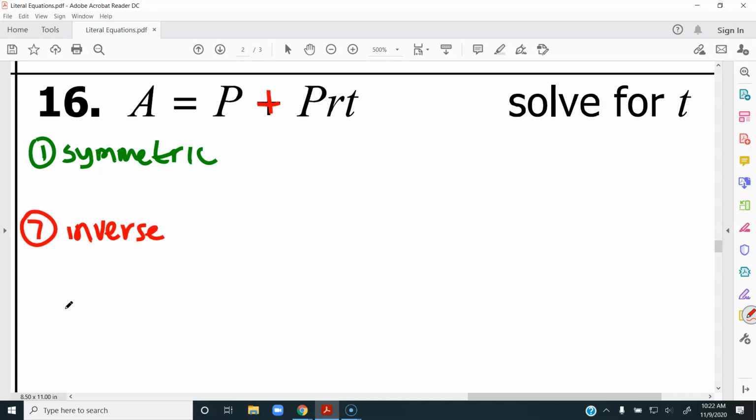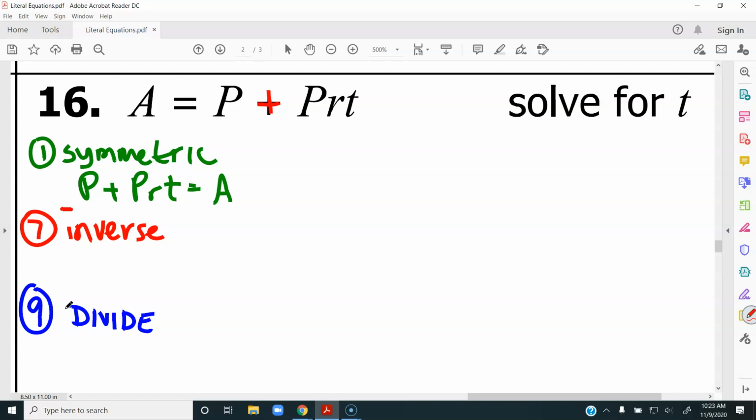And then I will do the division. So the symmetric property would tell me that this would be P plus PRT is equal to A. Okay, the inverse property would tell me that I'm subtracting this P out of here.